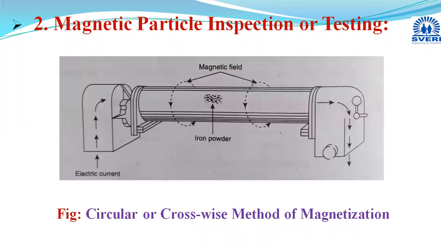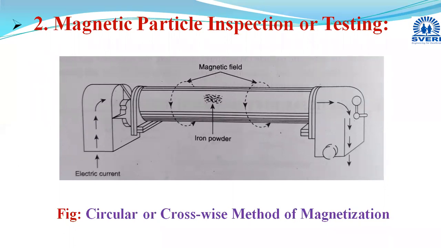Here it is classified depending on the magnetization method. I have highlighted how the magnetization is done. Depending on the direction of the electric current, we will get the magnetic field, and depending on the direction of the magnetic field, we will be able to detect the flaws or defects.